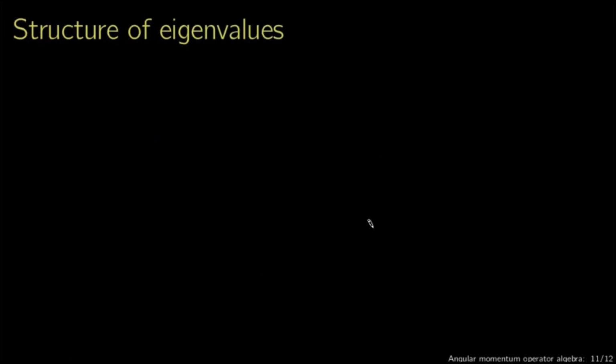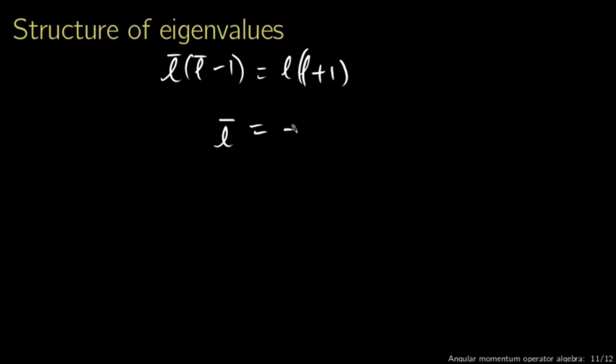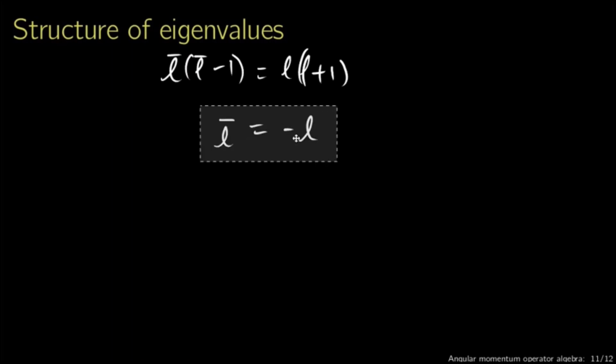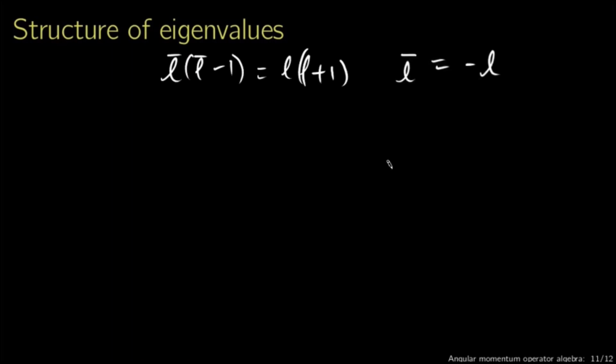The structure of the eigenvalues we get here, as resulting from that, l bar times l bar minus 1 equals l times l plus 1, the only way that this can be solved is if l bar is equal to minus l. If you substitute this into the original equation, you see it actually works.